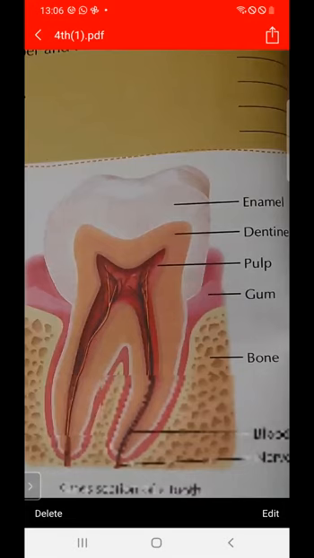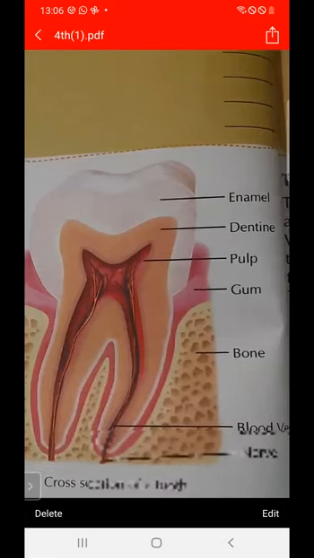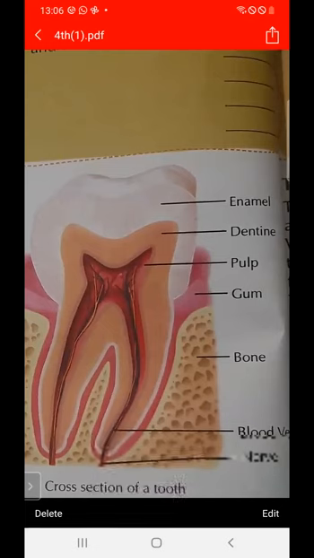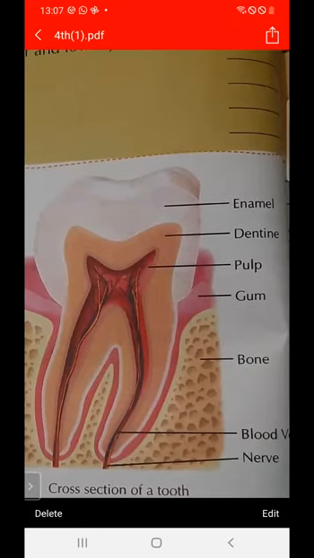So this is the structure of the tooth. The outer layer is enamel, which is the hardest. Then is dentine, which is less hard. And then is pulp, which is the innermost layer. Which is the hardest substance? Enamel.